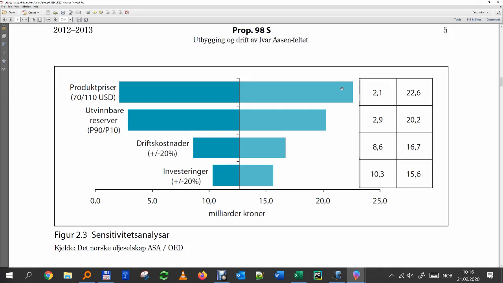Then you have reserves, what we were saying, recoverable reserves. This will be equivalent also to oil in place, and has a big effect. And then you see the price of the oil, 70 to 110, which was quite optimistic. They didn't think it would go down to 30, 40, but it has a big effect, even getting it very close to zero.